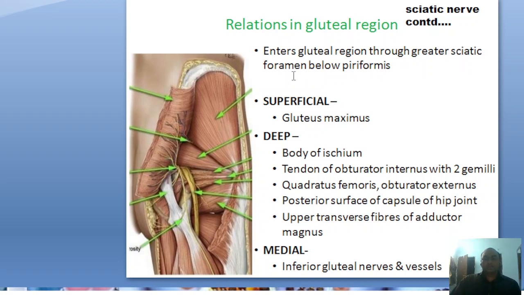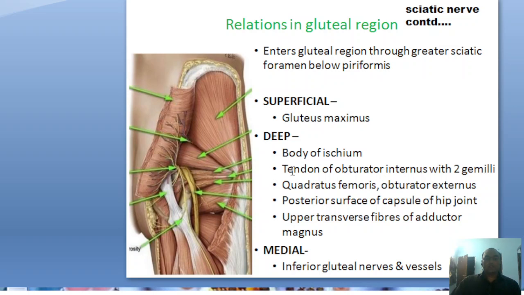In the gluteal region, it enters through the greater sciatic foramen below the piriformis muscle. This is the piriformis muscle, and this is the main nerve, the thickest nerve, the sciatic nerve. Superficially, it is related to the gluteus maximus muscle.